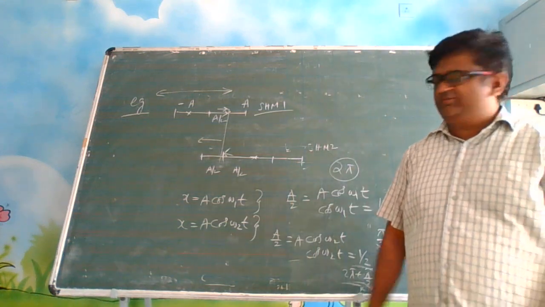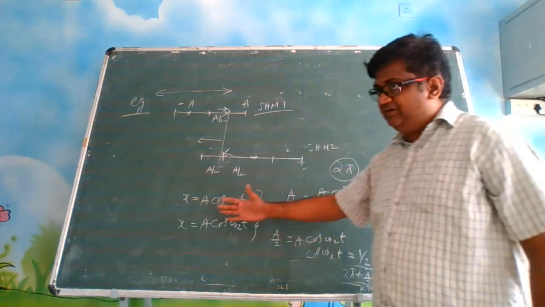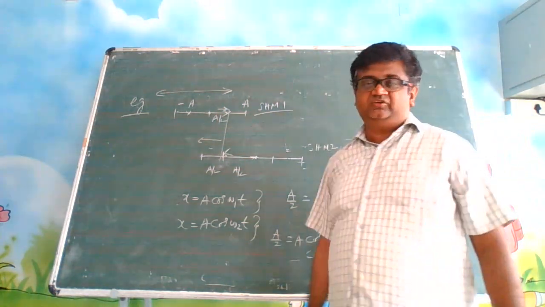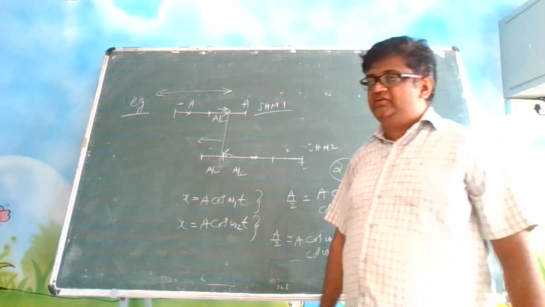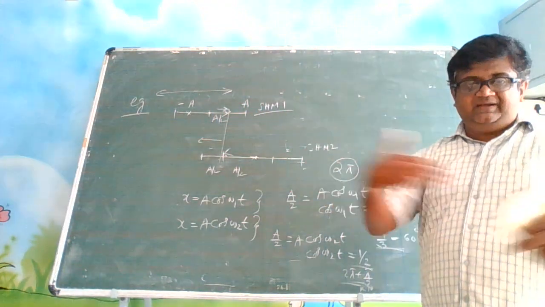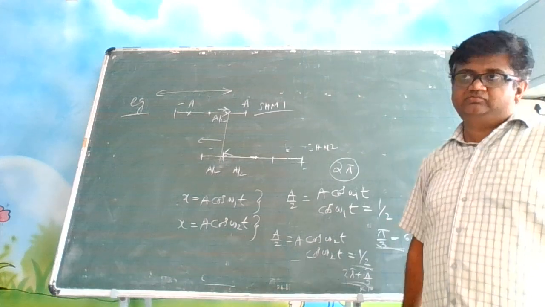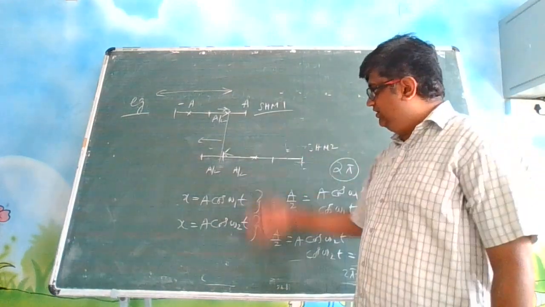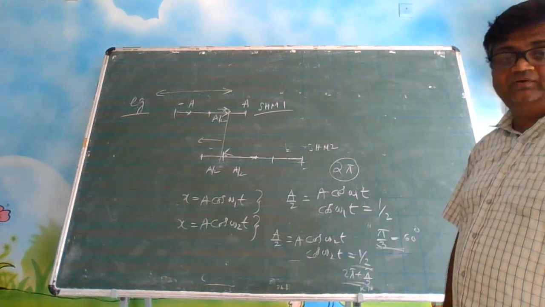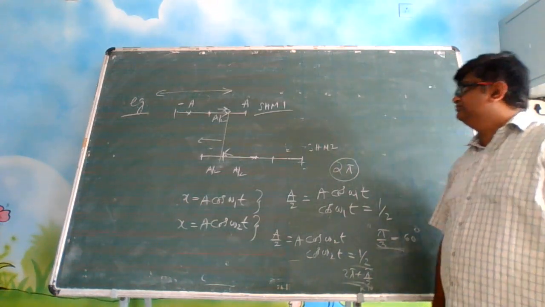Whenever you get this type of question, compare the displacements and see what is the condition given in the question. The condition given is that when x is equal to A by 2, in both cases they are meeting in opposite directions. That condition you can apply and solve for the phase difference value.